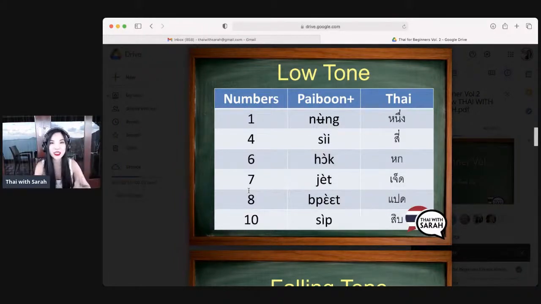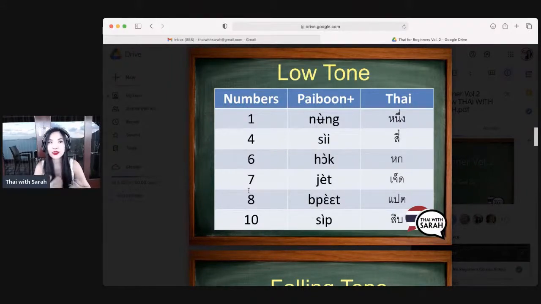Usually intermediate and advanced learners' tones are pretty on point, right? That's why in this course we need to review numbers again.